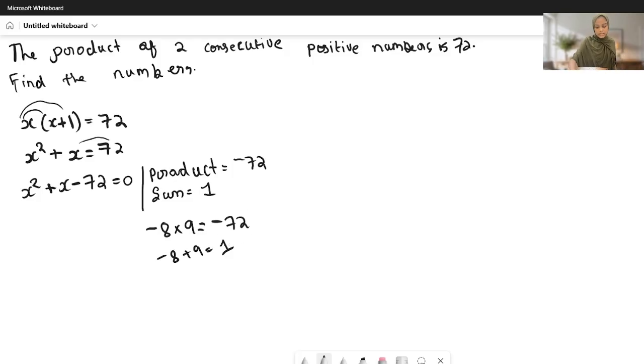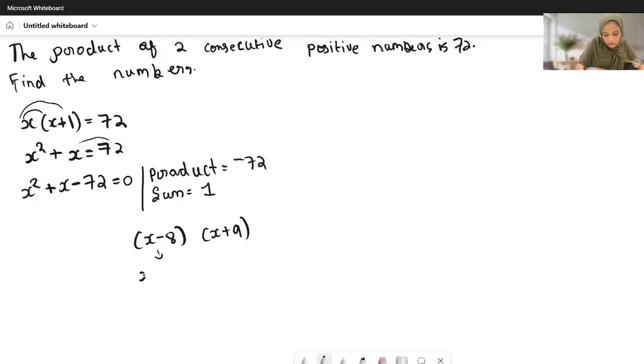So this matches up. So we know that the numbers are minus 8 and 9, but we write it like x minus 8 and x plus 9. Okay, we write it like this and we solve it. So x minus 8 is equal to 0. We take 8 to the other side, so x is equal to positive 8.